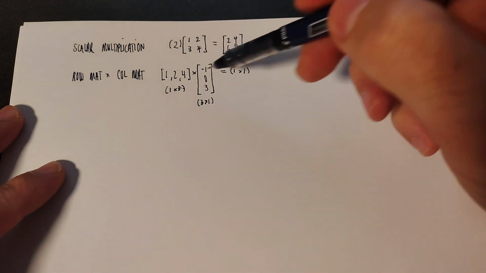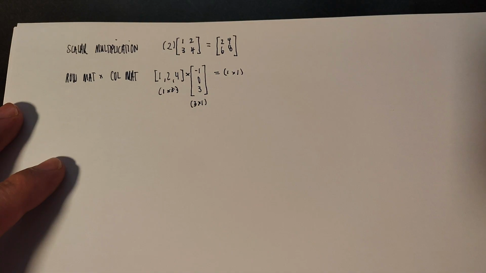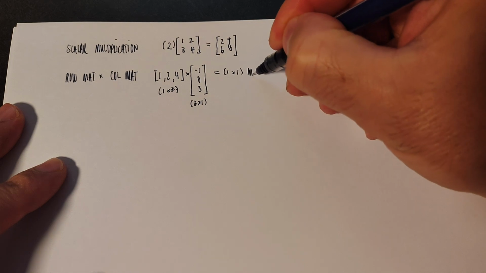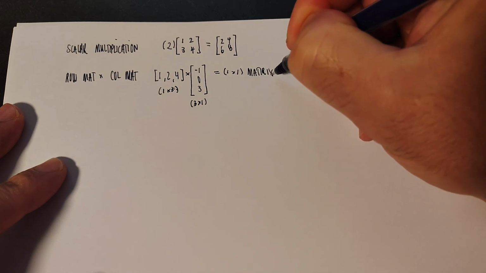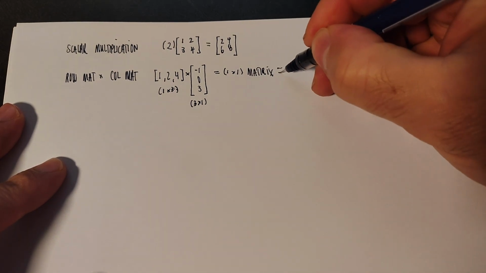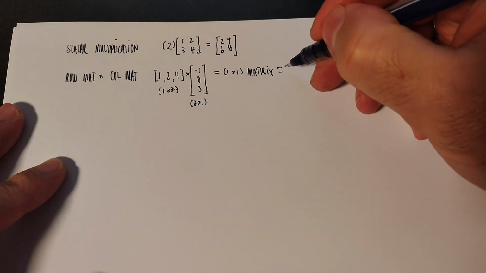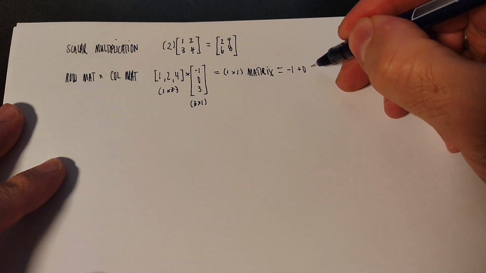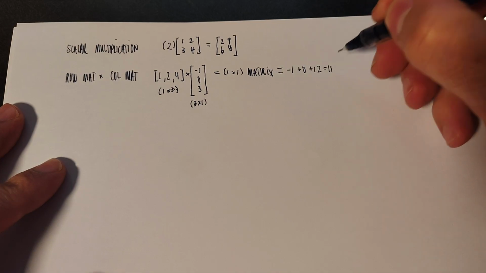This is essentially similar to what we did with the vector dot product. So this is going to be equal to a scalar, and that's -1 plus 0 plus 12, which is just 11.